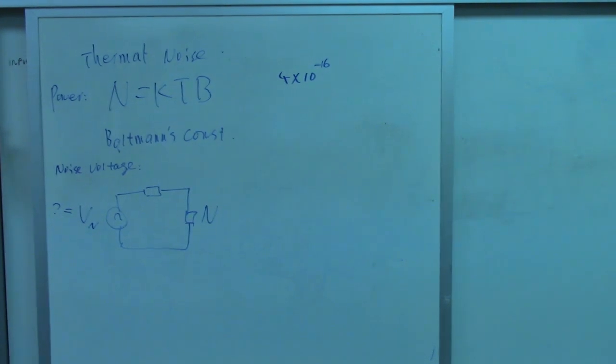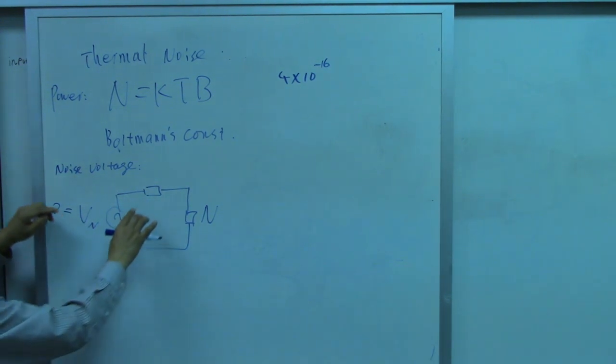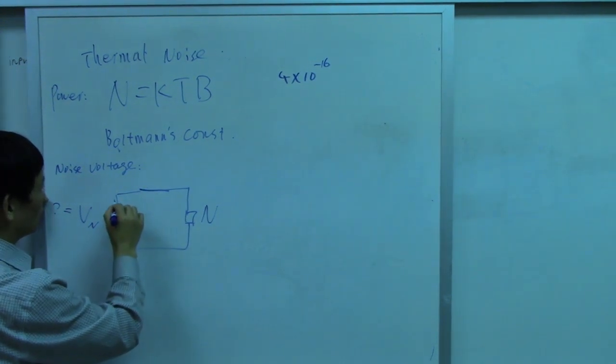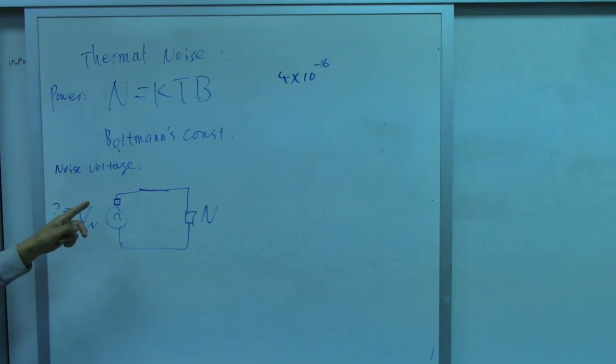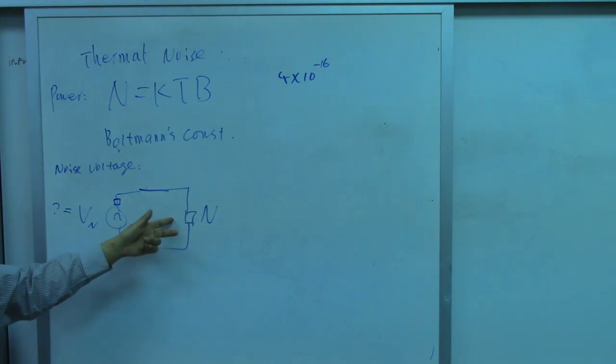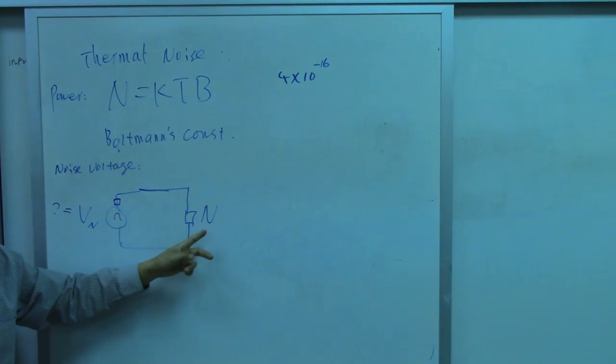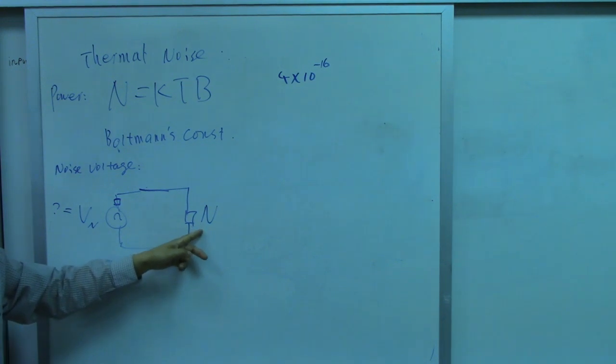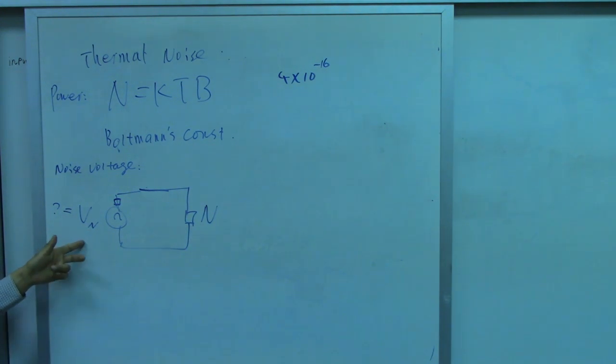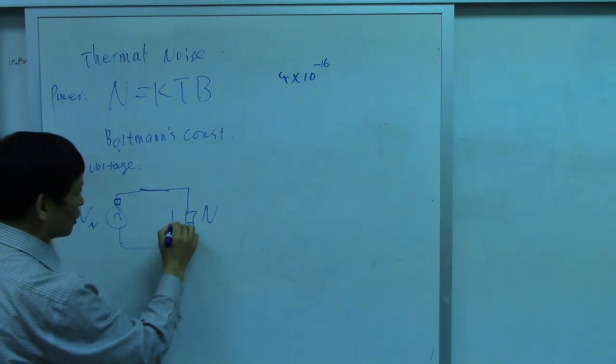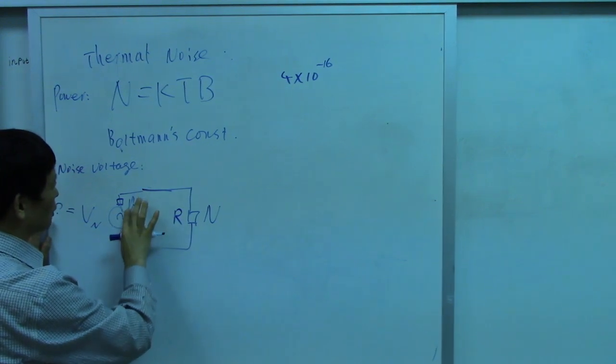Does it make sense? Okay, now recall in 101, the maximum power transmission. If we have a source, this source has, okay, we put this one in here. This is the internal resistance. That is the load. When does this load take the maximum power transmitted from the source? It's the maximum power transmission rule. It is when this load equals this small r.